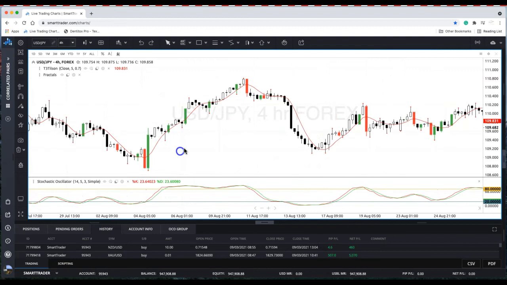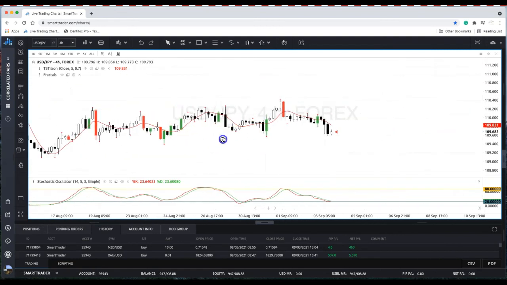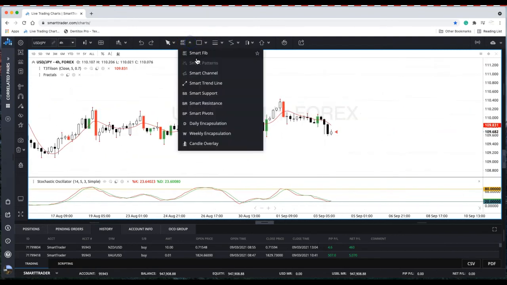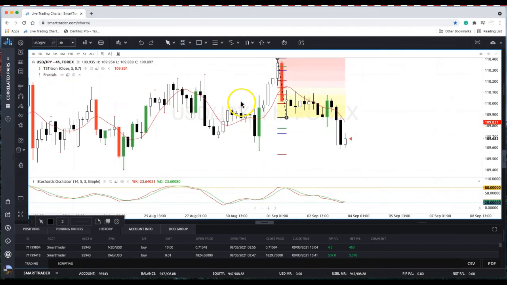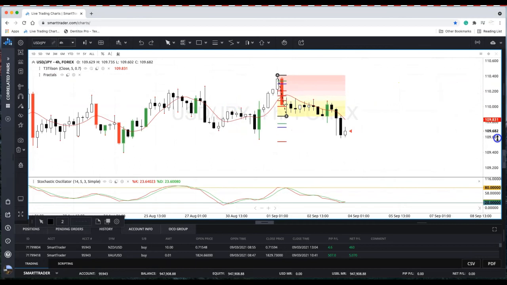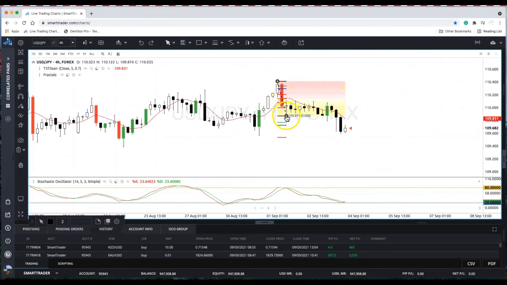Okay, so let me just see if we have one right now that I can show that is active. And there it is. You see the colors on this AB pattern. So this is an active AB pattern. Not until price gets all the way down to the 61% is this trade finished.